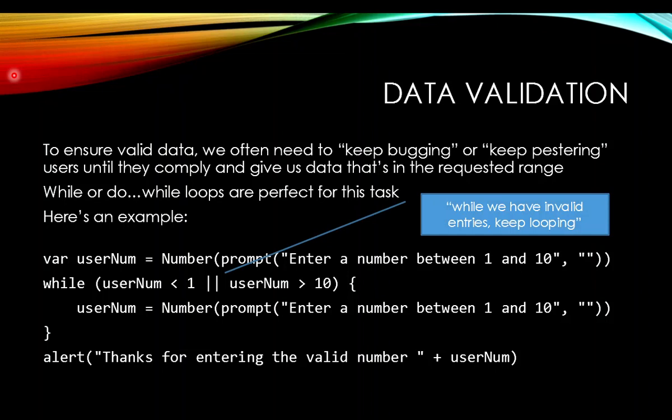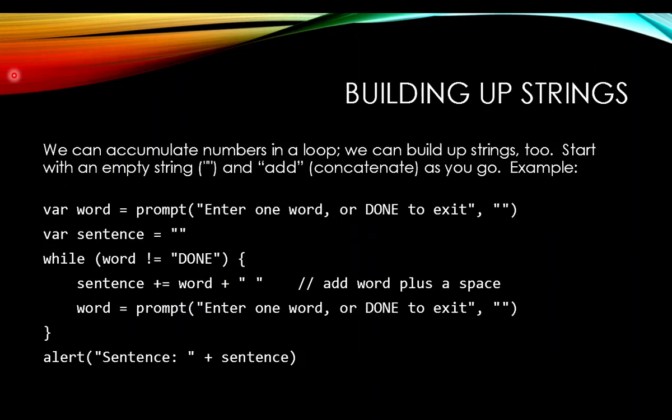Now, another thing that we can do is build up strings, right? In the loop, you can create a longer string by concatenating on shorter strings that are entered as you go. So in this example, you ask the user for a word, and each of those words that they enter is going to be concatenated into a variable called sentence.